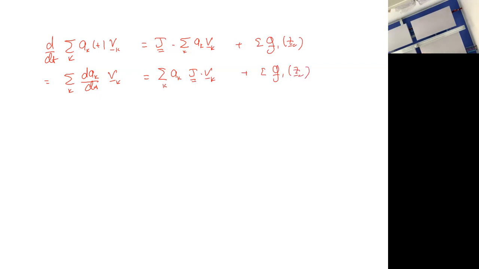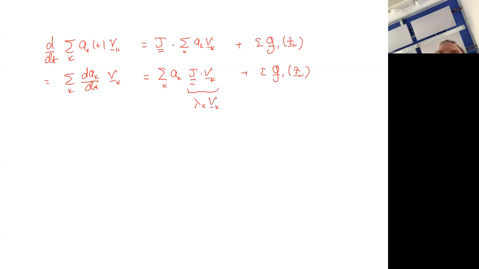Okay, so why is this useful? The first thing we notice is that J dot vk is lambda k vk.